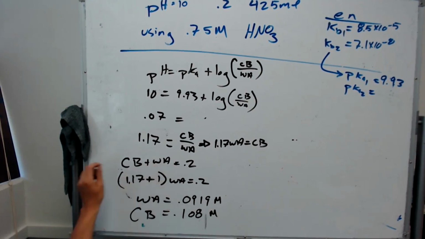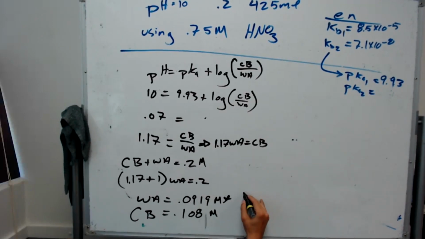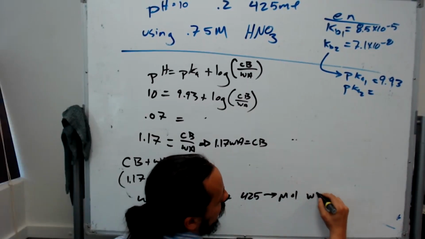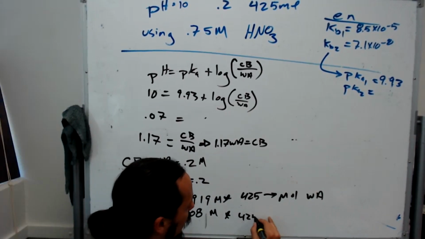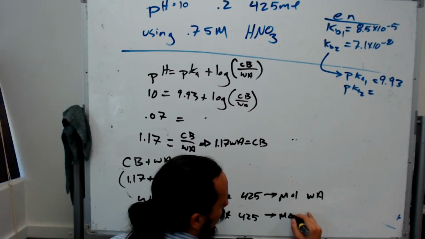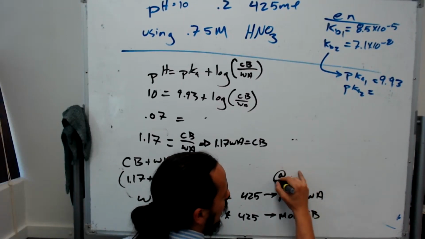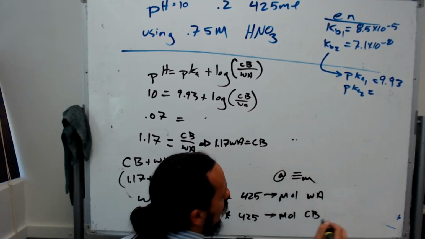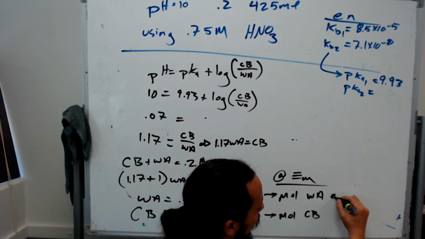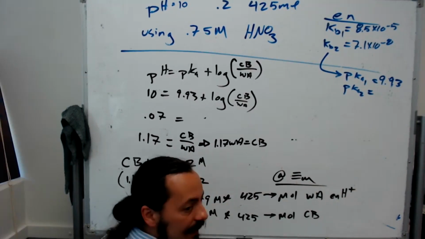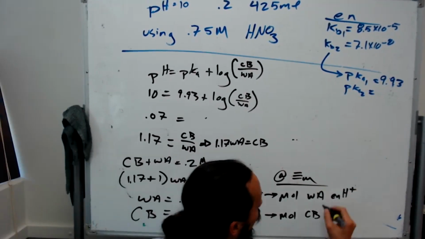So this is in molarity because this equation is in molarity. Multiply by 425, it gets you moles of weak acid. Multiply by 425, that gives you moles of conjugate base at equilibrium. Remember that our weak acid is the ENH plus. It's the ethylene diamine that has been reacted with acid.